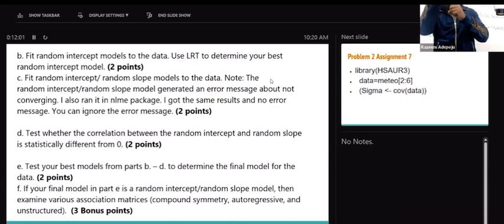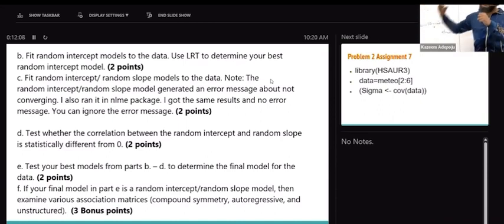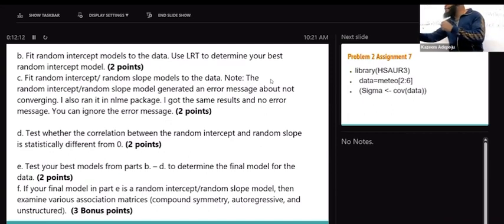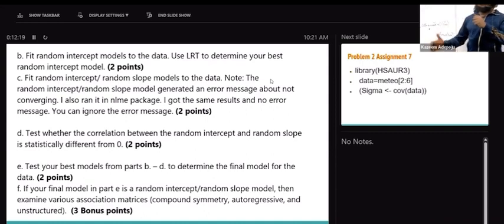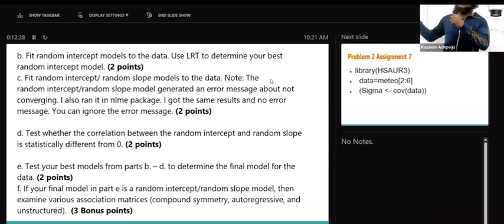He said, test your best models. Best becomes two. Best from the random intercept, best from random intercept and slope. You use ANOVA nested test again. Which one are you going to put in the null hypothesis? The one you're going to put in the null hypothesis will be the best in the random intercept. The one you're going to put in the alternative is going to be the best in the random intercept and slope. You now choose the best. That is what E is talking about.